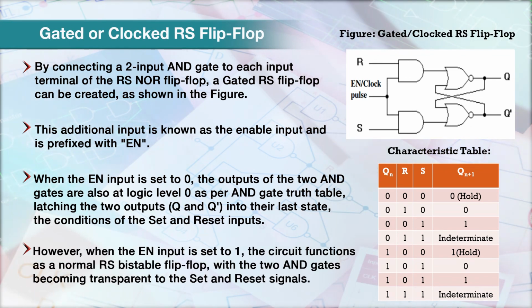However, when the enable input is set to 1, the circuit functions as a normal RS bistable flip flop, with the 2 AND gates becoming transparent to the set and reset signals.